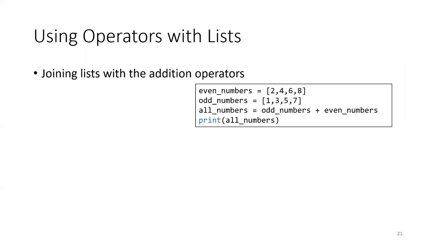There are also operators on lists. We have already seen some of them. Here another one is introduced. It is again the plus operator that is used on lists. This will join two lists together in the order that is specified here. For example, here we have two lists, the list of even numbers and the list of odd numbers.